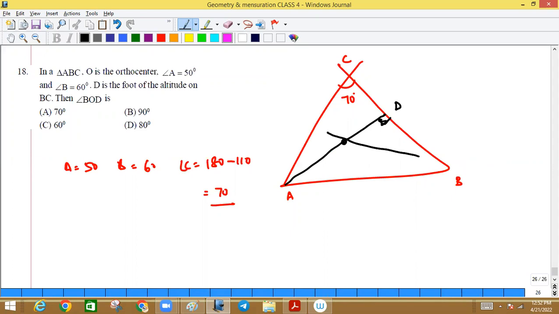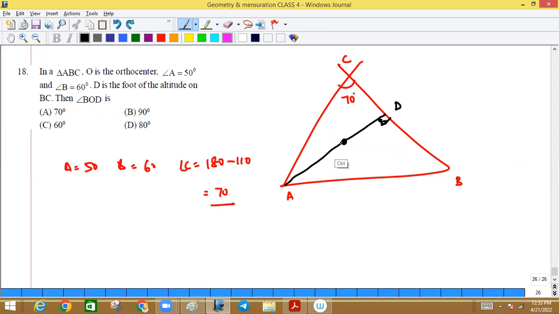I'll just extend a bit like this. Can I say if it is 70, it is 110? This is also 110. This one is 70, because it is a right angle. Orthocenter means it is also a right angle. Right angle, and 70, means it is how much? 110, because the sum of these two angles should be 180. In a quadrilateral, the total angle is 360.